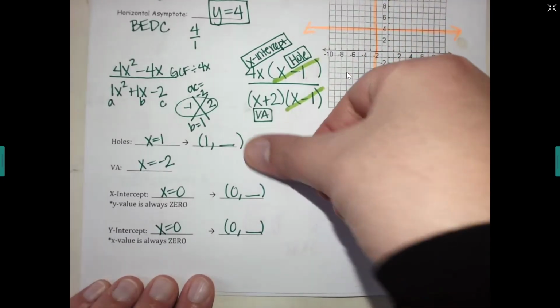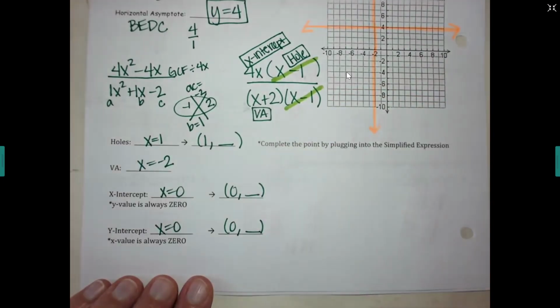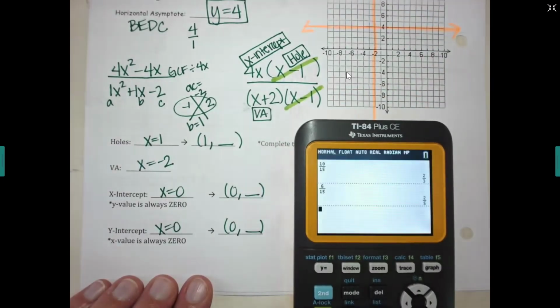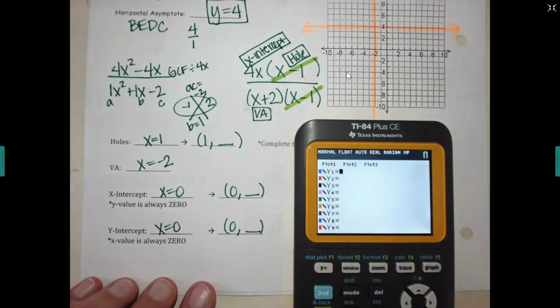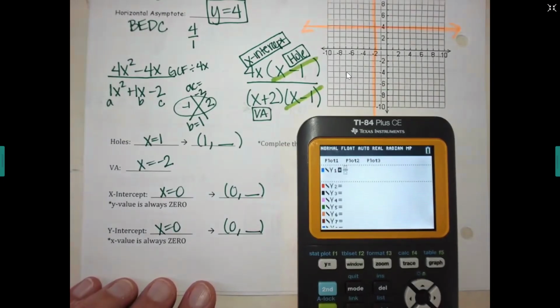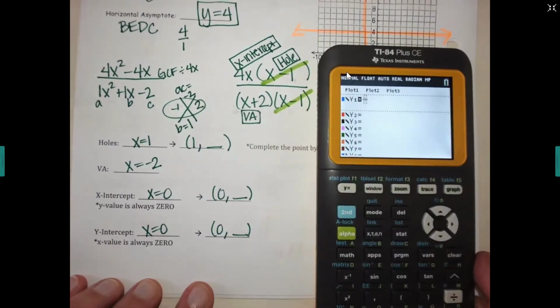To find the y values, remember, we're going to type the parts of the equation that did not cross out into the calculator. So go into y equals. Pull up your pretty fraction, alpha x. And we're only putting the parts that did not cross out. So for the top, I have a 4x left over. On the bottom, I have an x + 2.